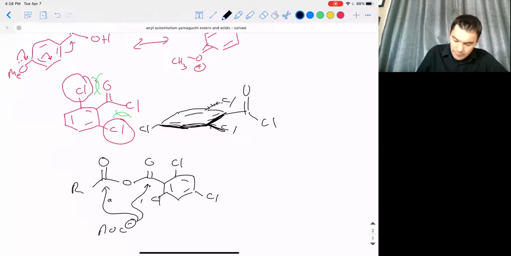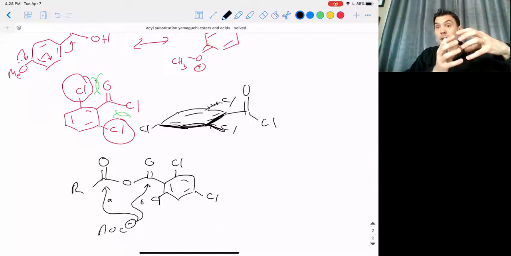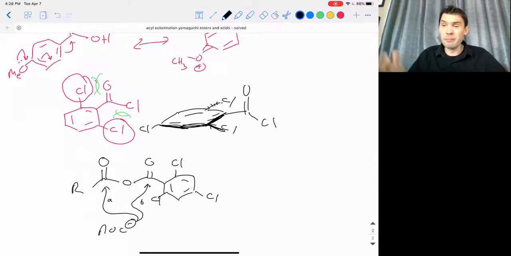So it could take pathway A or pathway B. And if it's random, then we have a problem. And the problem is that we're going to have a mixture of byproducts. And so what we really want to do is make pathway A favored so that we end up with the lactone, instead of pathway B favored, where we would just end up with an ester.